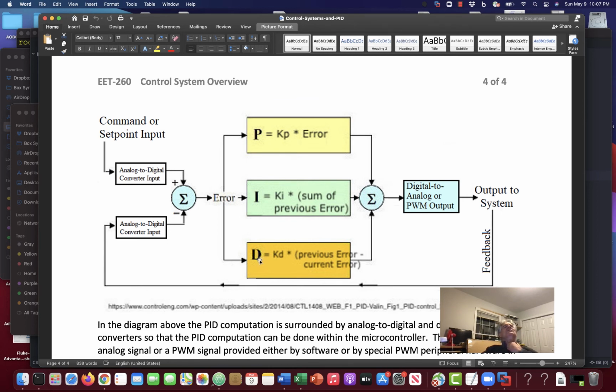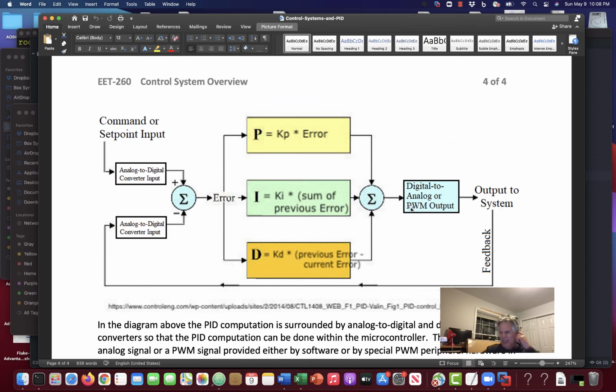So they compute these things. You get to set what KP, KI, and KD are. They compute a new output, and that output can be driven. In the system I used, it was actually a PWM output.